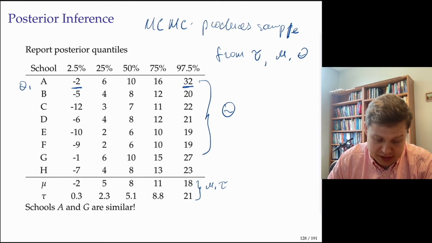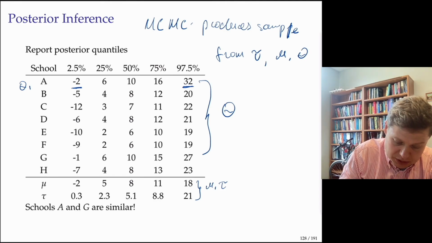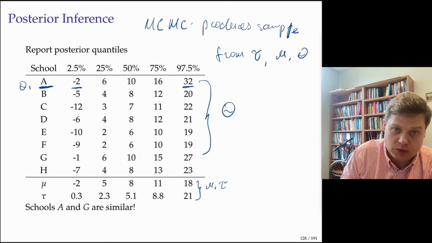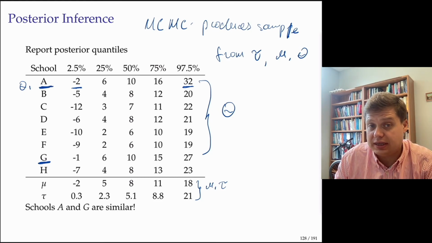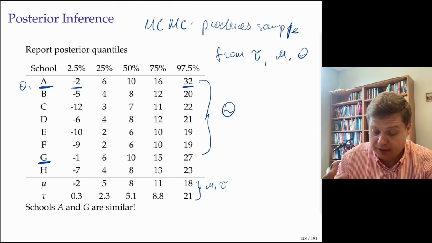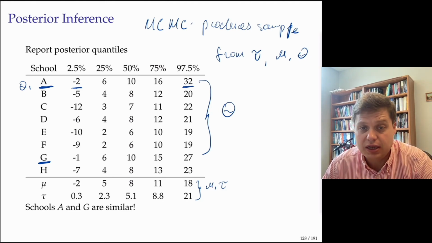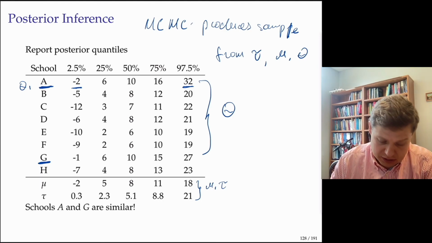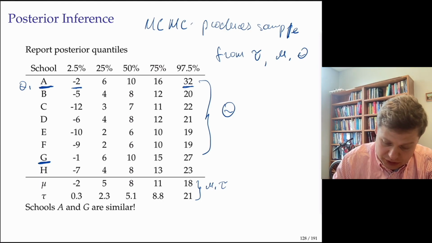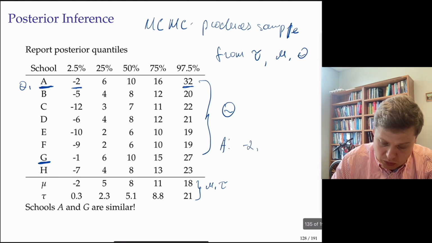And what we can see here now, let's compare, for example, school A and school G. So those are the schools that seem to have the greatest effect, and we were interested in whether they were actually any different or not. So the quantile interval for school A is -2 to 32.